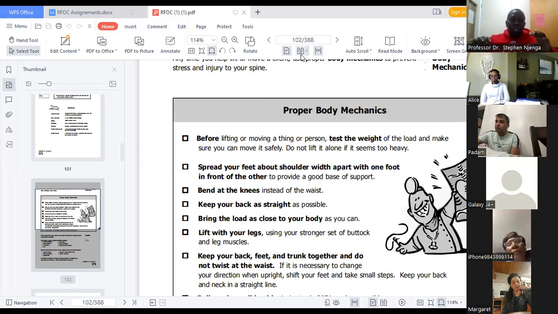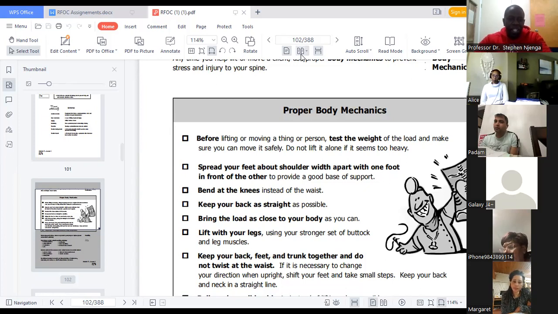But if you turn while you're far away, there is a probability you're going to strain your back. So you pull the load or the weight closer to you with the pads. You fold, you pull, you fold, you pull, and then you can turn once the weight is closer to you. Lift with your legs, using the stronger set of buttock and leg muscles.